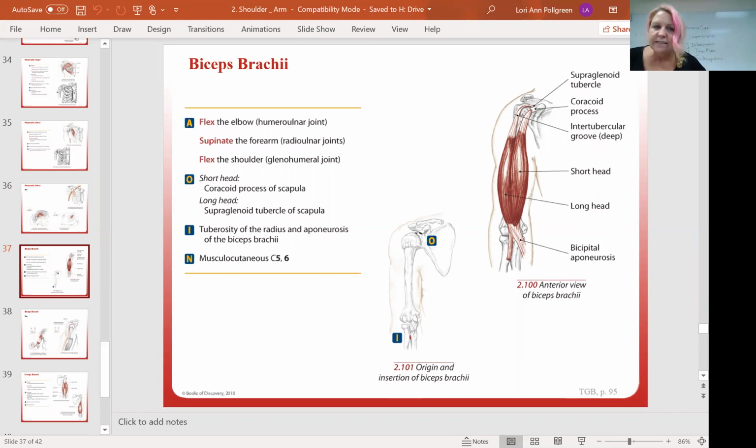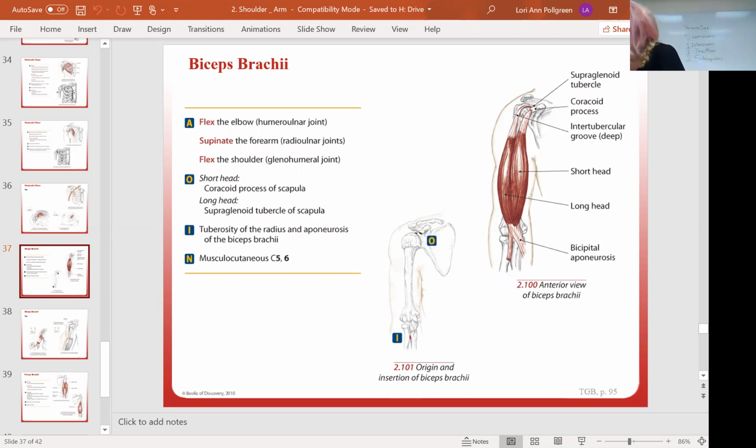And I want you to write down next to that, but deep to deltoid at its origin. So it's superficial, but it runs deep to the deltoid at its origin at the coracoid process. So it's superficial, but runs deep to which muscle? Deltoid, where it originates.